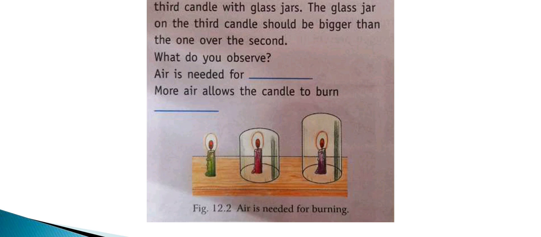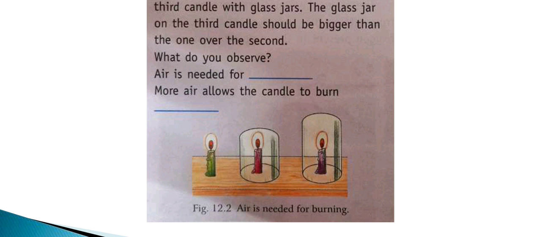First we will talk about the last candle, on which you had kept the bigger glass jar. In that, more oxygen will be there compared to the middle one. So that candle will last for some more minutes compared to the middle one.